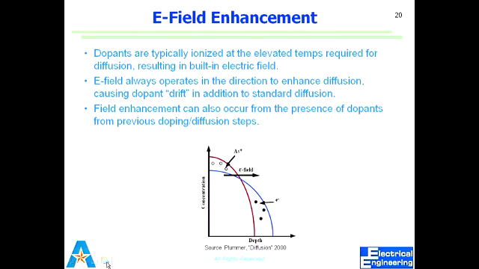Does that make sense? So how big a field do we apply? We don't apply it. That's built-in. There is a built-in electric field which helps. So dopants are ionized, but there is a built-in electric field that helps us.